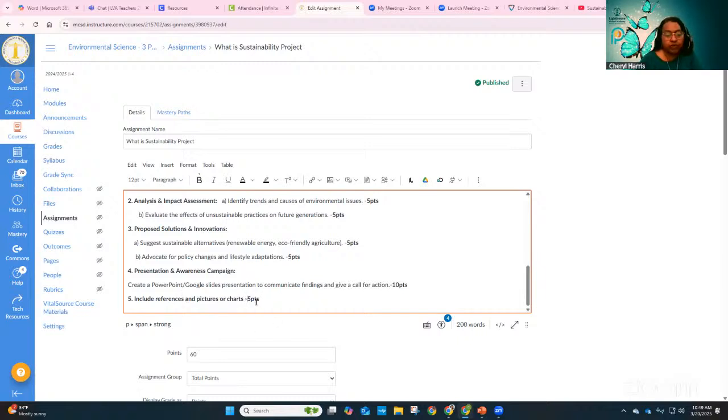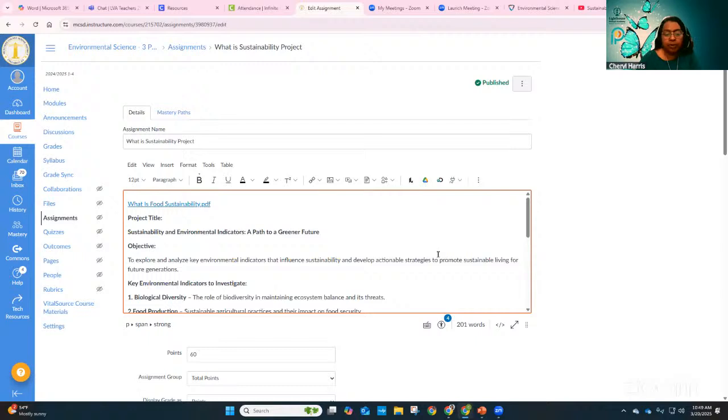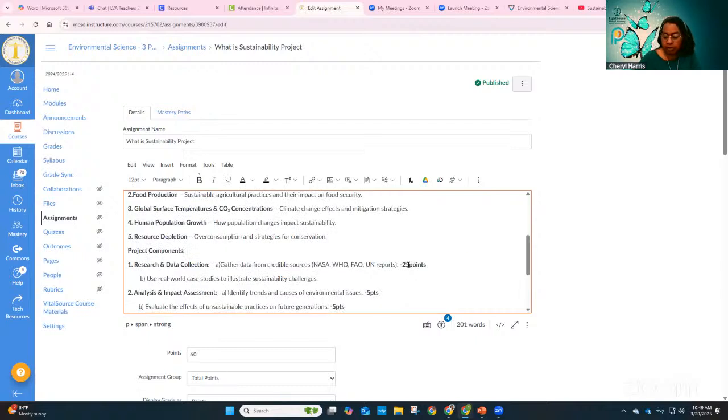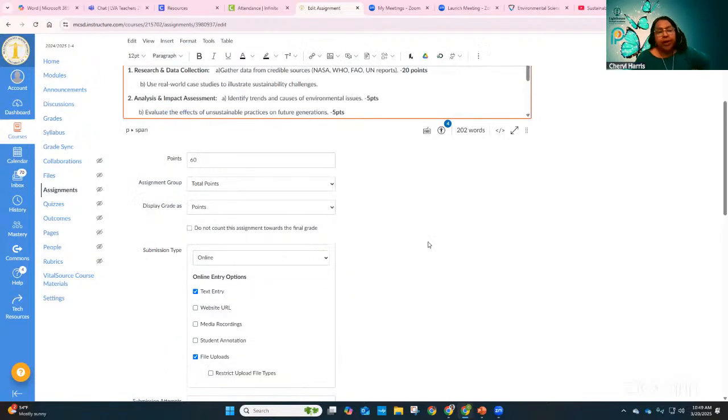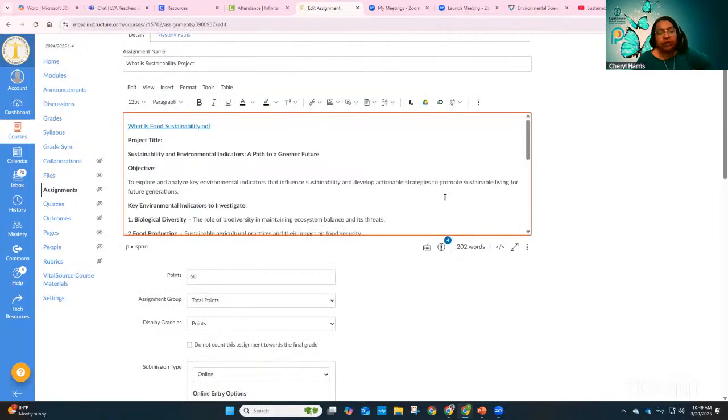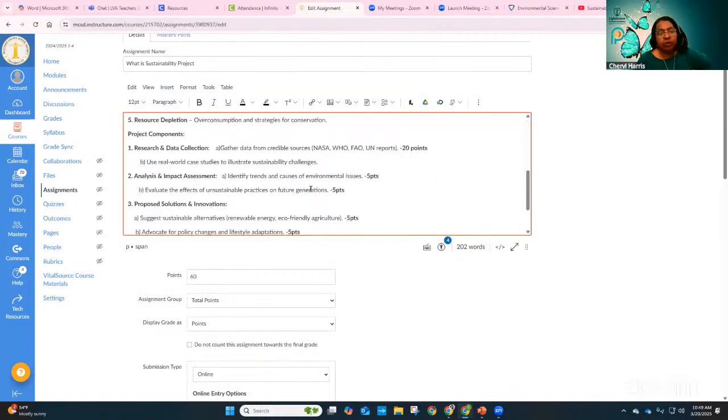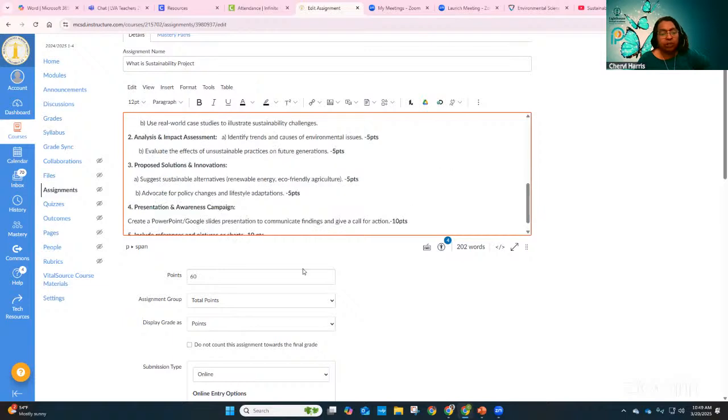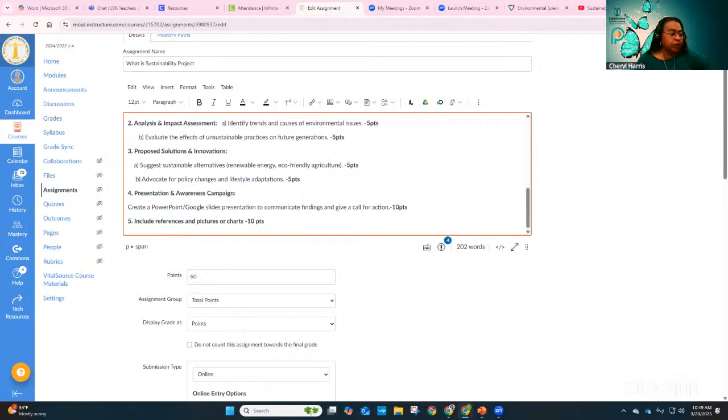Okay, let me shift this. There. Pictures are important, so I'll take this back to 20. So weigh what each section is worth. Don't sell yourself short by not including what needs to be included so that you get your full 60 points.